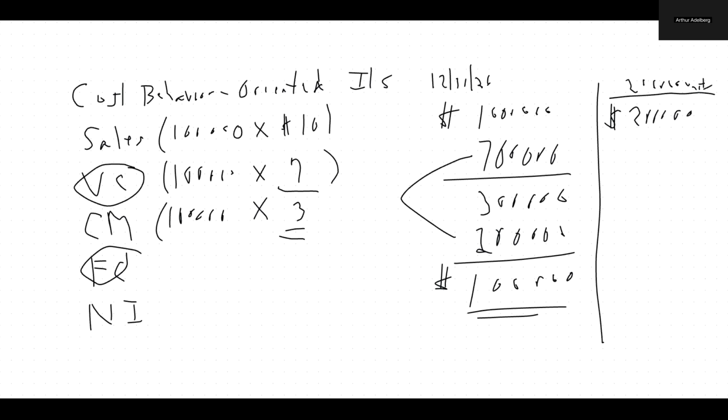What will my forecasted variable cost be at 200,000 units? Based on cost behavior, what are you going to forecast your total variable cost next year, 2027? That's correct, Tiffany.